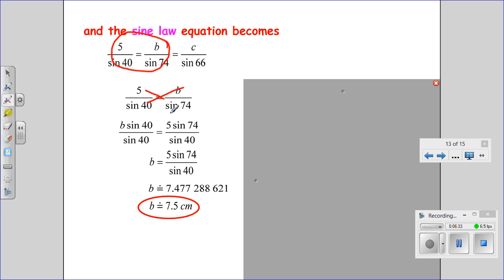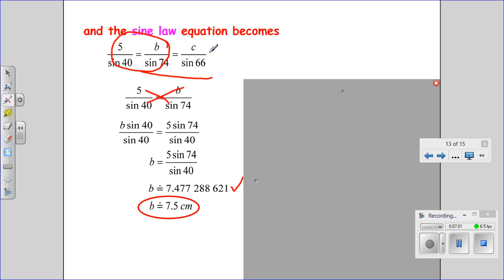Because when we multiply both sides by sine 40 and sine 74, B ends up being multiplied with sine 40 and the 5 ends up being multiplied with the sine 74. And we can divide both sides by the sine of 40. I haven't done any calculations till the very last step in order to eliminate rounding errors. And I see that B is equal to 7.5 centimeters approximately.